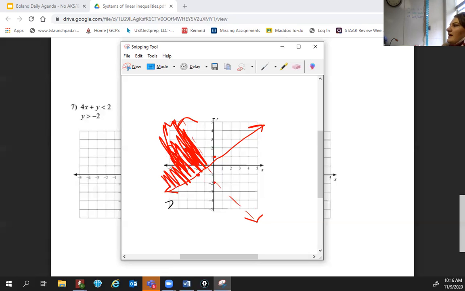If you were given a graph, how would you tell what the two inequalities were? Do we know the lines? Can you tell me what the lines are? Yeah, so let's look at the first line. The solid line is y equals what?